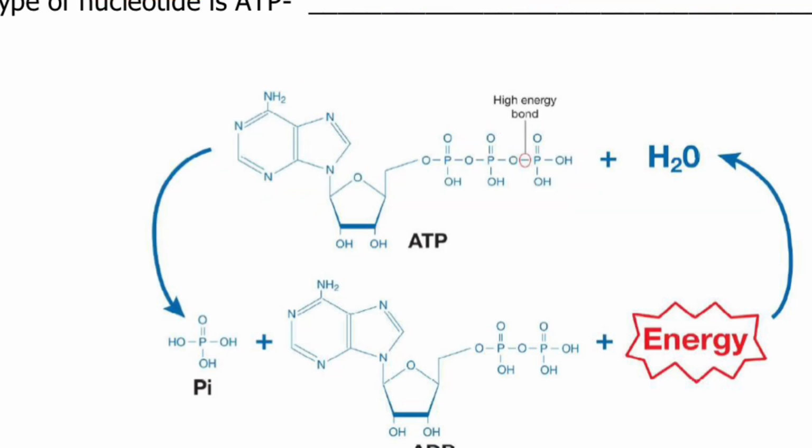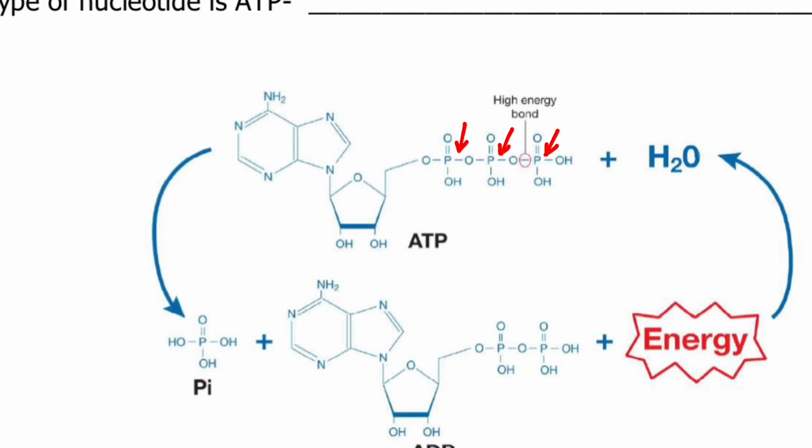The bonds between the phosphates is where energy is stored in this molecule. These electrons that are holding each of the phosphates together is where the energy is stored in ATP.